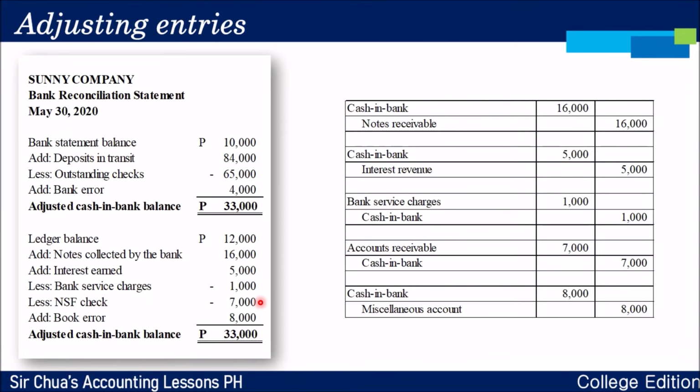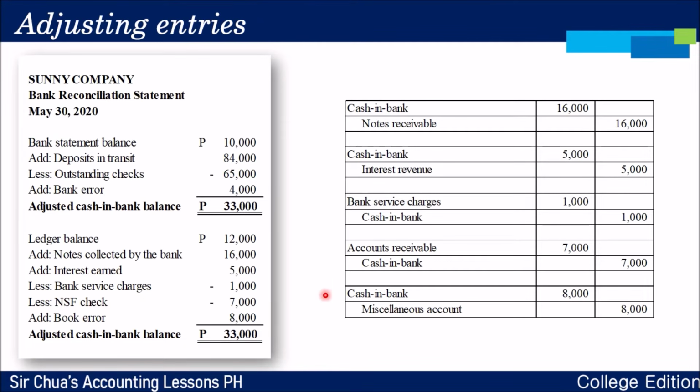Okay? So, since hindi pa po siya madederecho sa iyo as cash, de-debit po natin siya muna temporarily as accounts receivable. Okay? Credit, cash, and bank. Tapos, baliktarin nyo lang po yung entry na to pag na-receive na yung 7,000. Ganun lang. Okay? And then, yung book error po natin na 8,000, so idadagdag po natin yan kasi we were erroneously deducted by this amount by accounting, di ba?